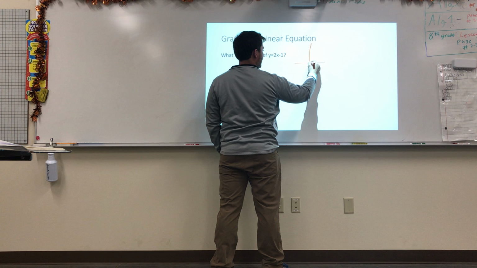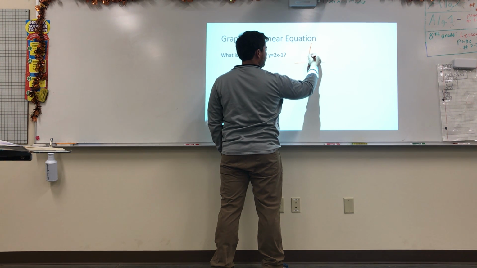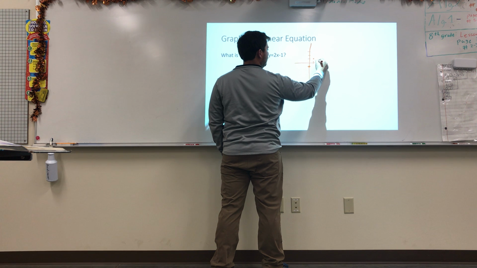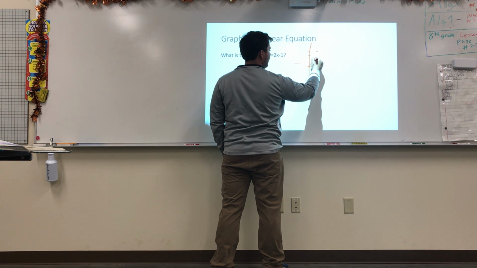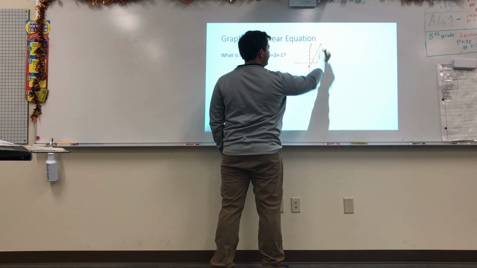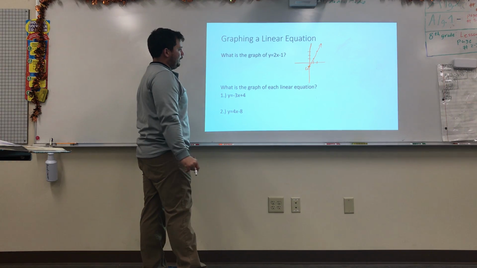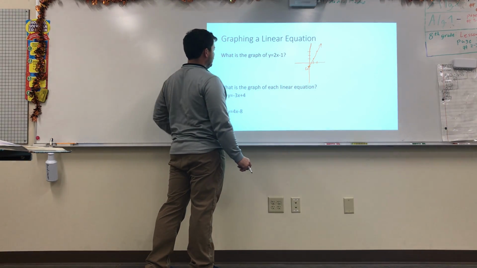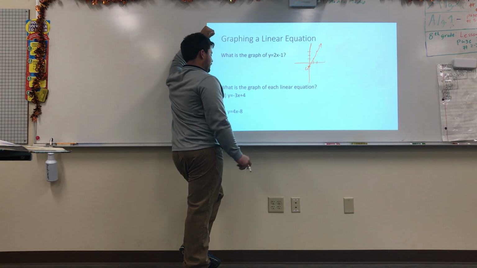My slope is rise 2 over 1. Rise 2 over 1. So we would have a line that looks like that. That would be the graph of that equation.